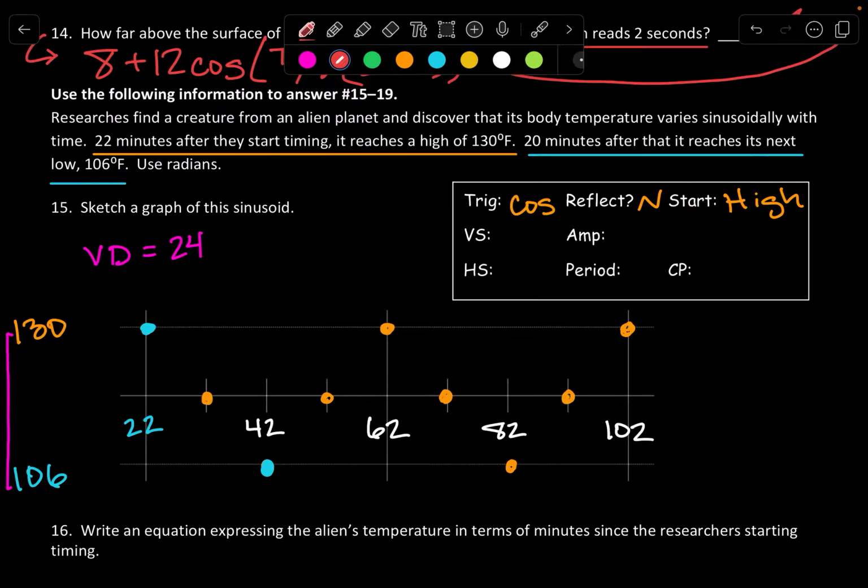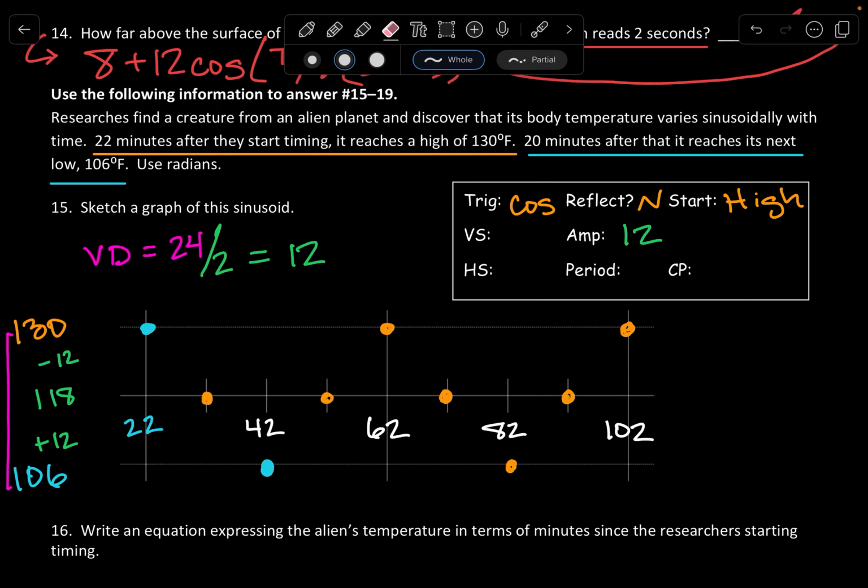And if I cut that in half, that should be my amplitude, which means my midline will be 12 less than 130, which is 118, and 12 more than 106, which is 118. So that worked out perfectly for both. Vertical shift is up 118.